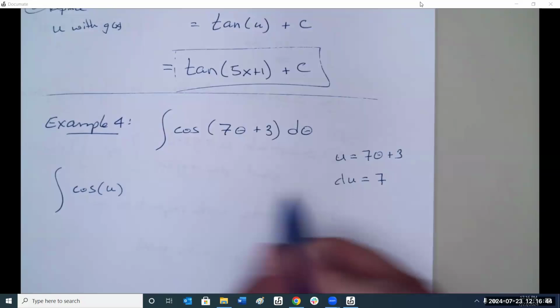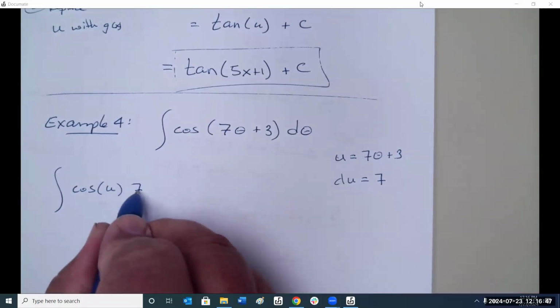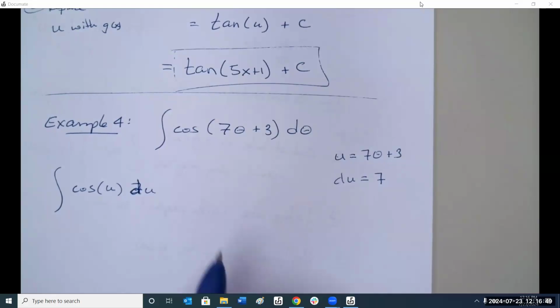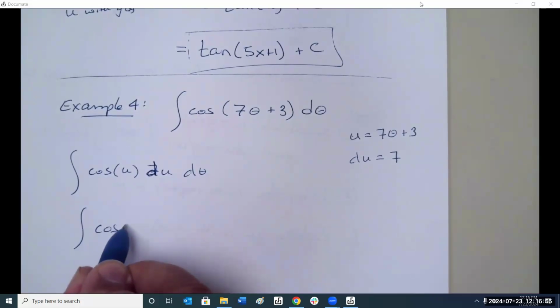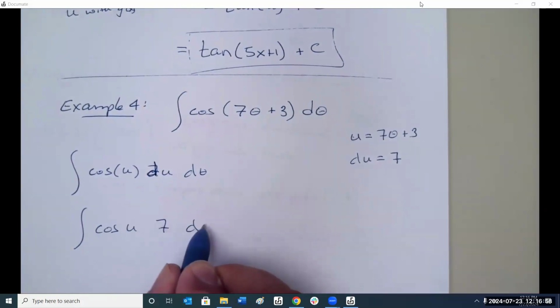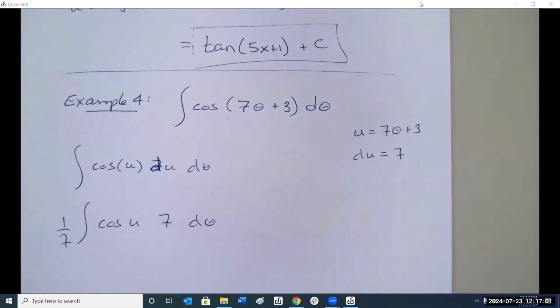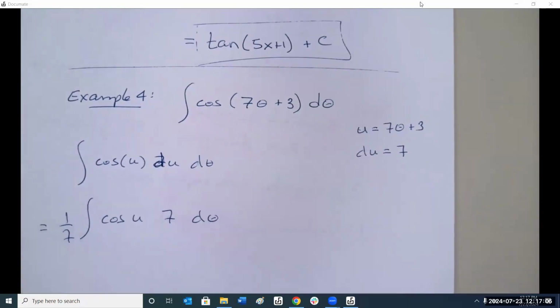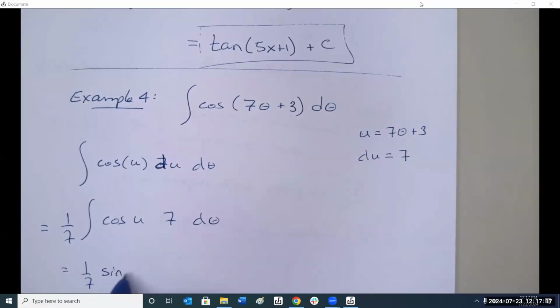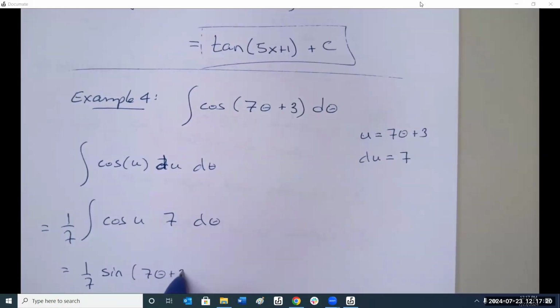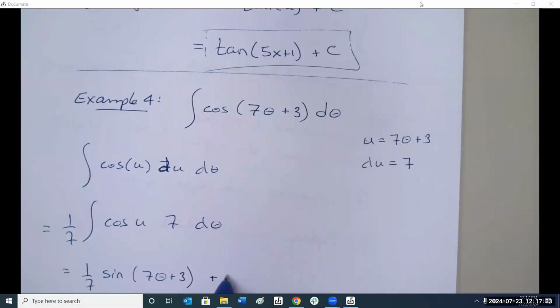This is d theta, so we have to put a 7 there for our du. Since we put a 7 there, we have to put a 1/7 out here. So we have 1/7. The integral of cosine is what? It's sine of 7 theta plus 3, plus c.